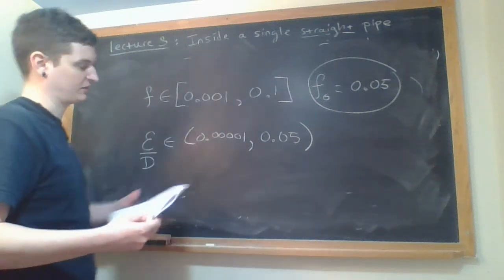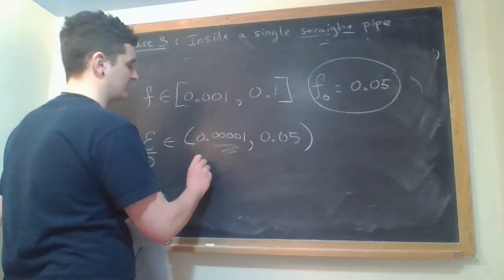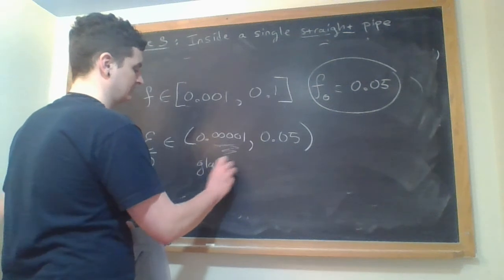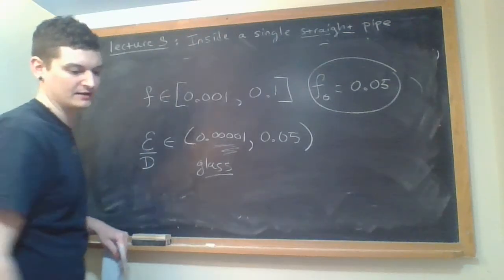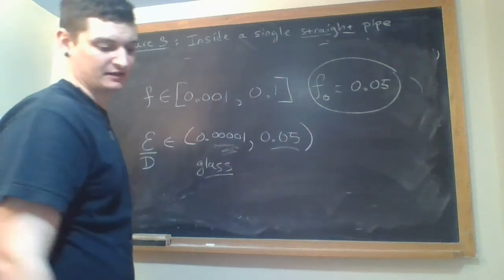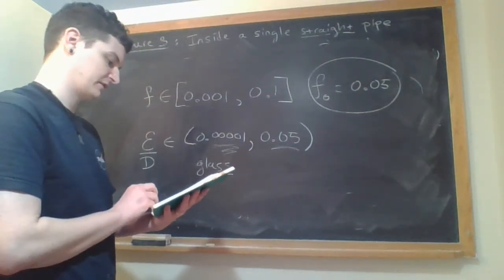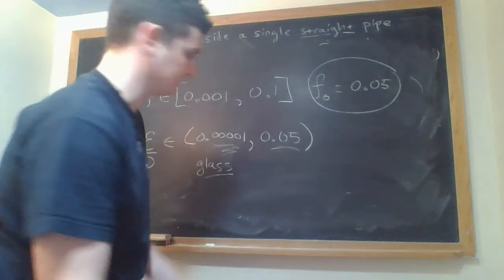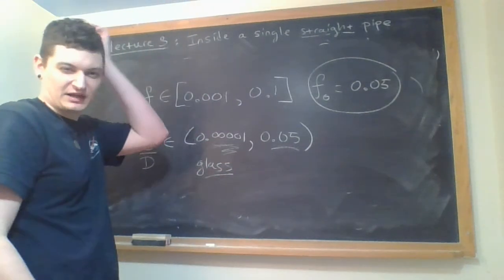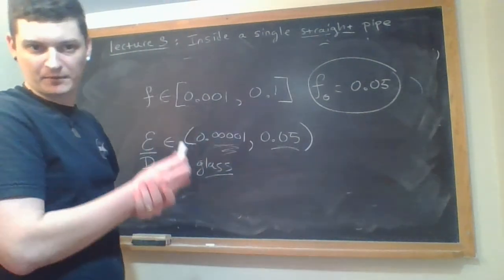That ranges from extremely small, where this is like glass, to a fairly rough surface, like an eroded concrete type pipe, something like that.